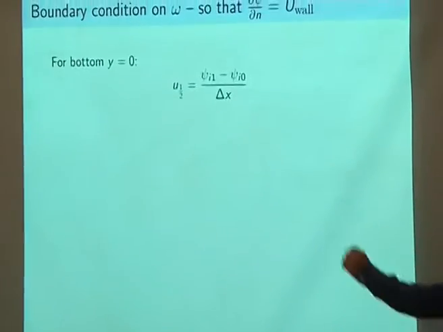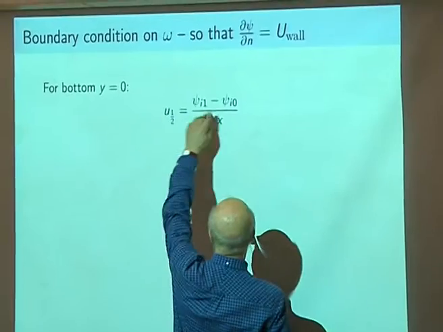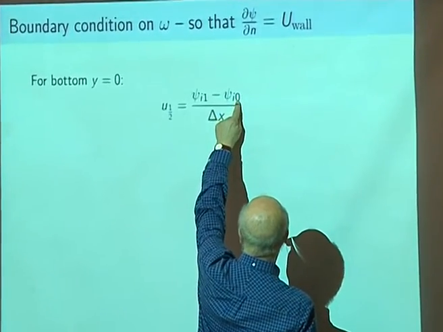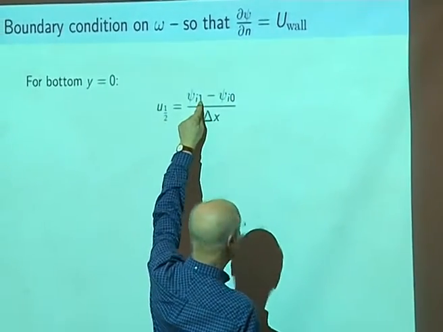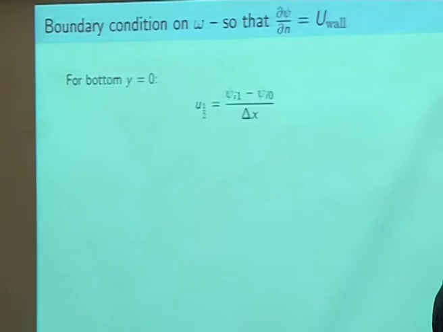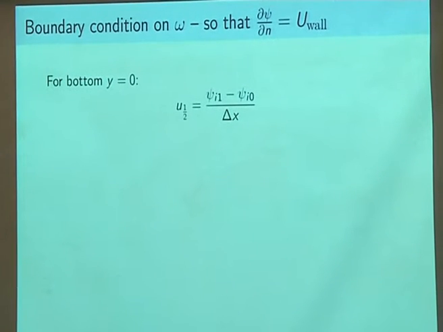So from psi on the bottom boundary, which is at j equals 0, and one point into the interior going upwards from the bottom boundary is j equals 1. So I can work out the horizontal velocity, which is d psi by dy, by taking psi 1 minus psi 0 and divided by delta y, which is equal to delta x.